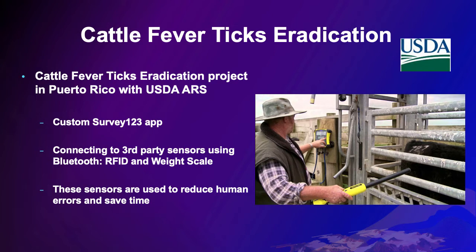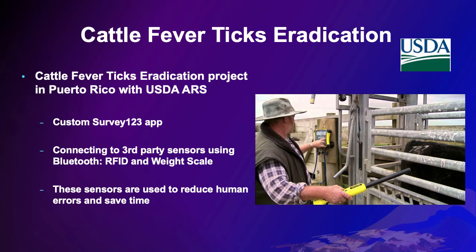Quite a different application is the Cattle Fever Ticks Eradication Project. So this is in Puerto Rico in conjunction with the USDA ARS, and they're working to eradicate these cattle fever ticks. So this is a highly customized version of Survey 123 where they can connect to some third-party sensors using Bluetooth and RFID. They can capture information about the cattle and also be able to connect to a weight scale.